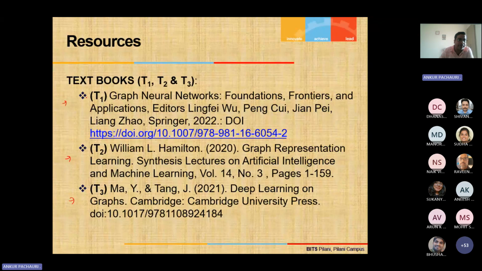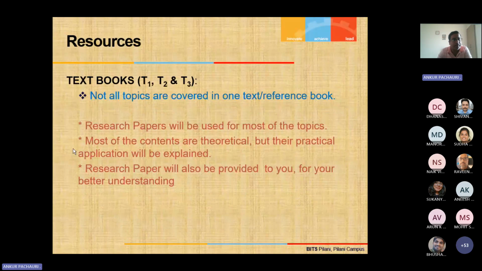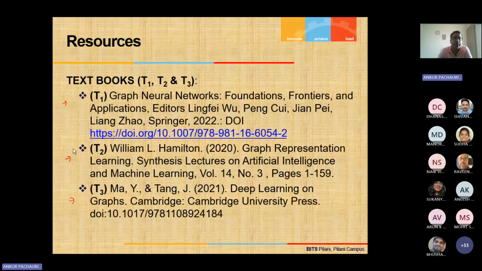The first two are not directly available, but using some technique you can get an e-version. The physical copy of this book is costly, around 7,000 or 8,000 or more.